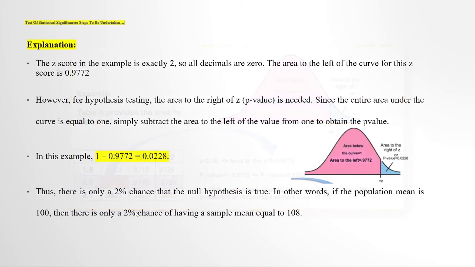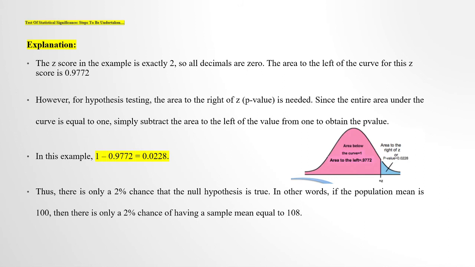Further, as we know, the z score in this example is exactly 2, so all decimals are 0. The area to the left is 0.9772. However, for hypothesis testing, the area to the right of z, which is the p-value, is needed.